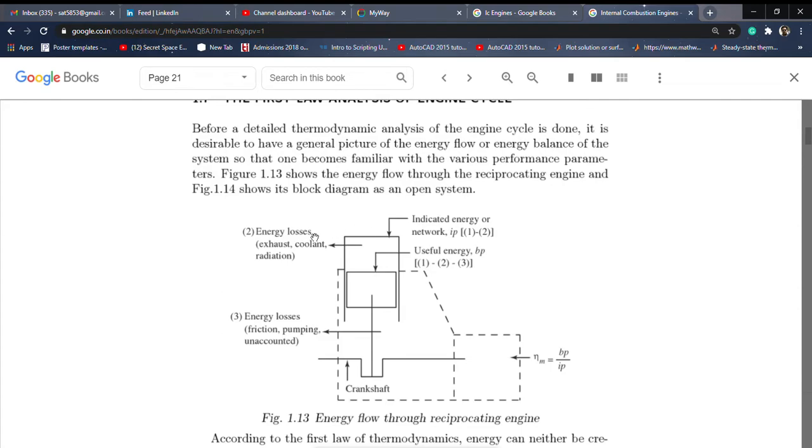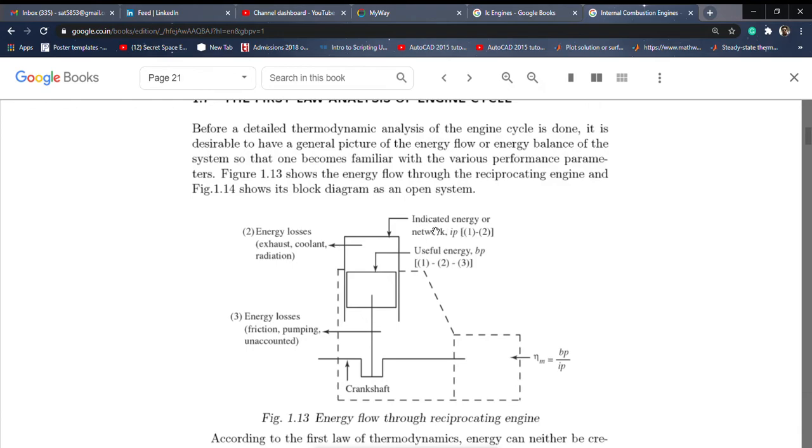So if you deduct this energy loss, that is 2, the exhaust energy loss in the form of exhaust, and the heat carried by the coolant, because some part of the heat of the fuel from the engine will be taken by the coolant, and some loss will be in the form of radiation. So whatever power is left after this deduction is your indicated energy.